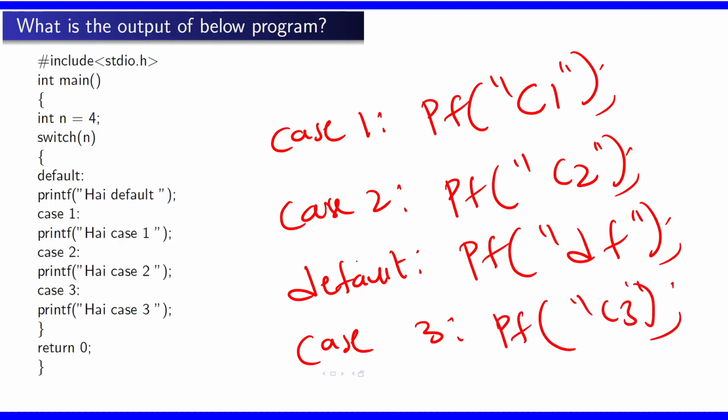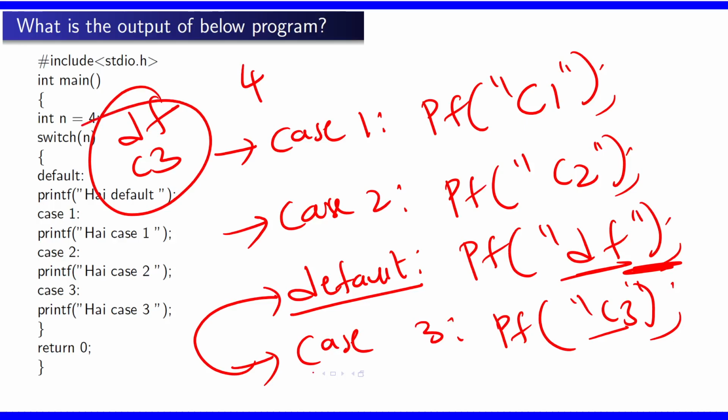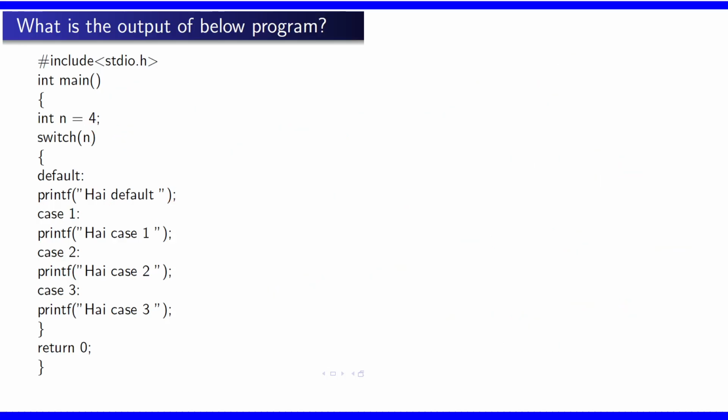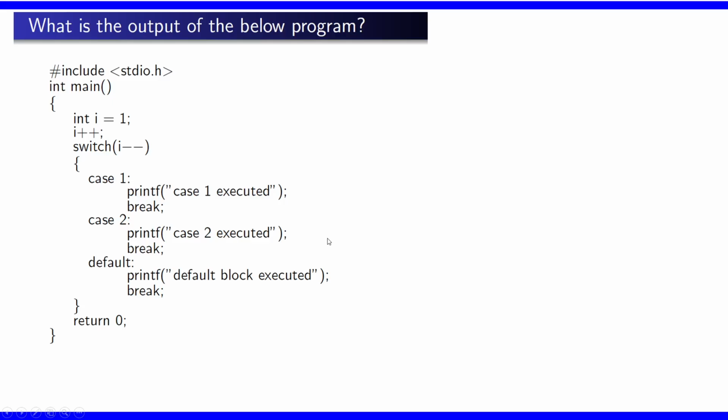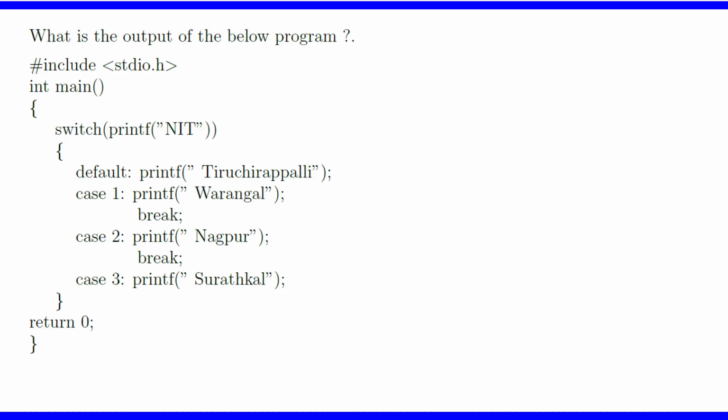In this case what will happen, when I pass 4, it will check case 1 not matching, 2 not matching, 3 not matching, then it will look for default. Yes, there is a default, so it will print default case first, then since there is no break, C3 also will come, case 3 also will come, right? So that is one point in switch case. We have so many problems in switch case, we can discuss more elaborately. So yes, these are all okay.